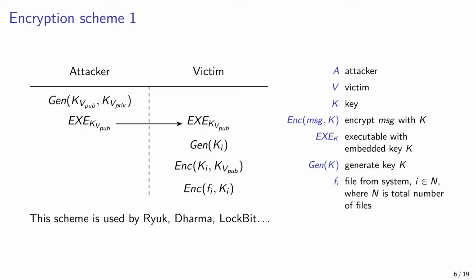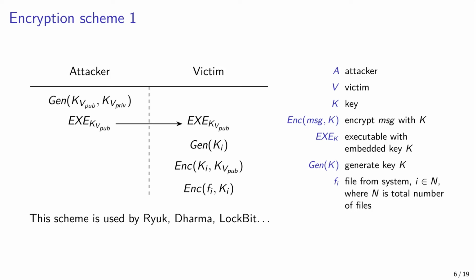When the sample is run on the victim machine, for each file that the ransomware encrypts, it generates a unique symmetric key, which is used for data encryption. Then this key is encrypted with the victim public key and attached at the end of the encrypted file, usually with the additional values that the encryption algorithm may need, like an initialization vector or nonce.